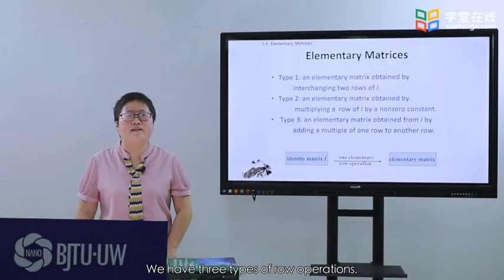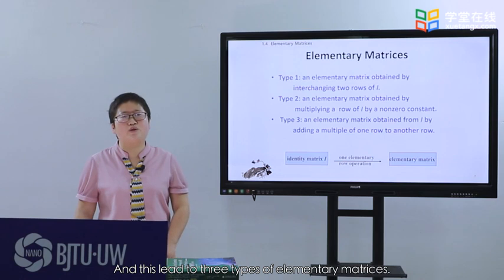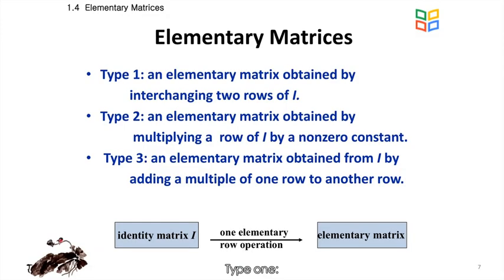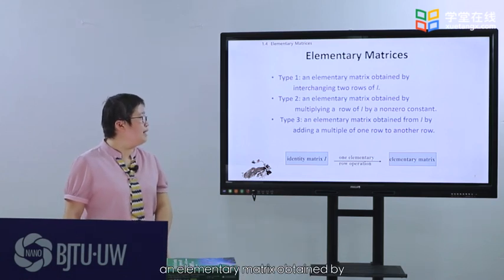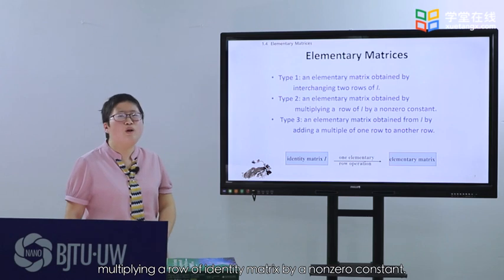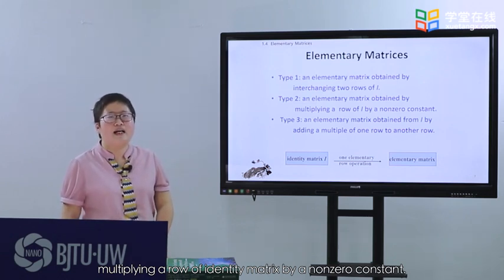We have three types of row operations, and this leads to three types of elementary matrices. Type 1: an elementary matrix obtained by interchanging two rows of the identity matrix. Type 2: an elementary matrix obtained by multiplying a row of the identity matrix by a non-zero constant.